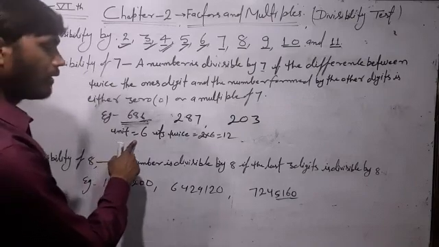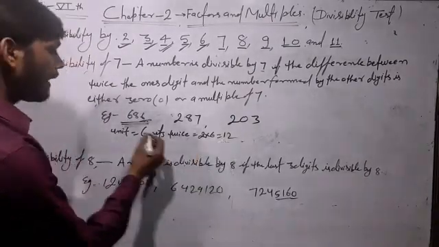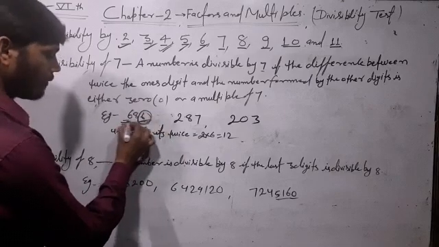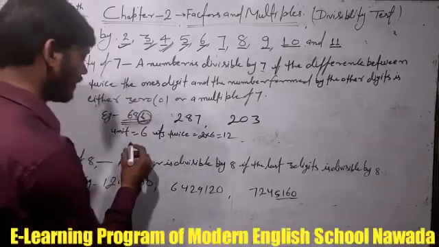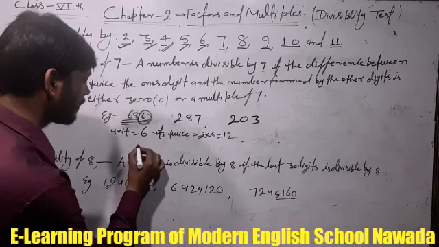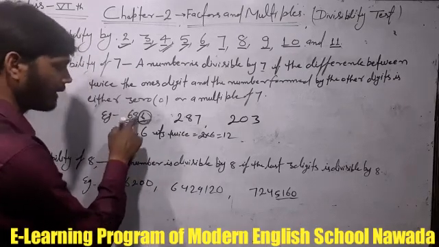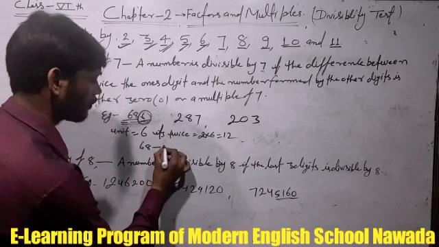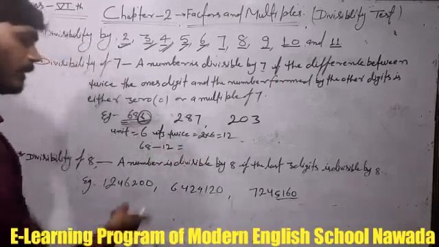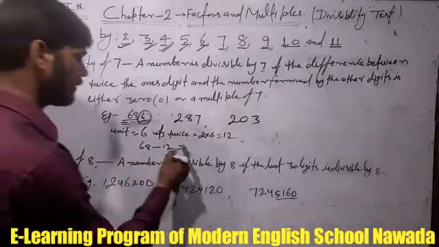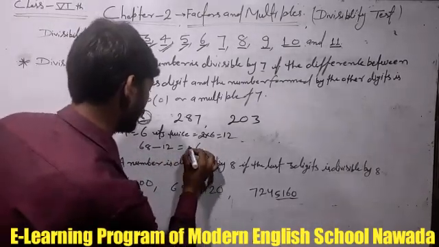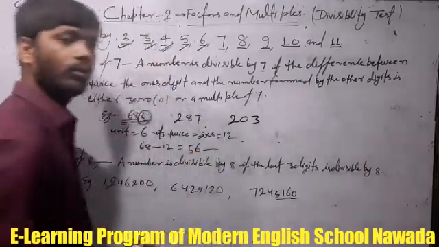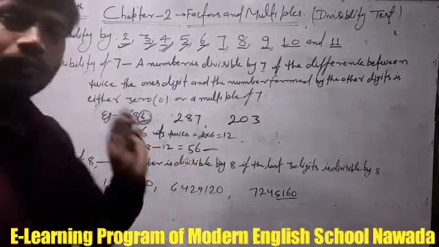Now the other part after the unit digit is 68. Now subtract: 68 minus 12, the difference is 56, and you know 56 is present in the table of 7.